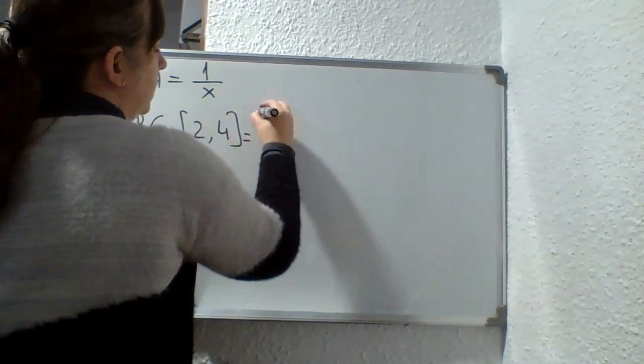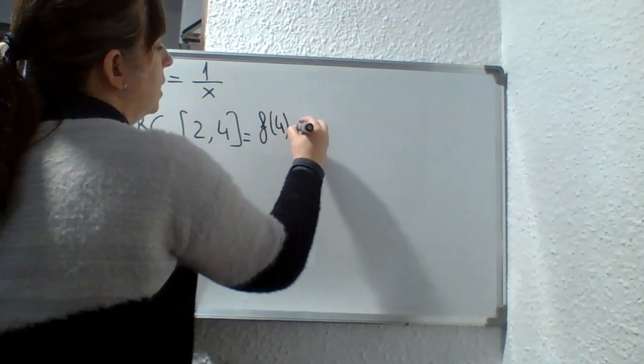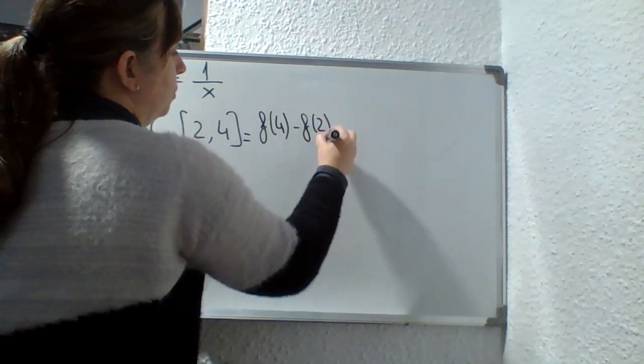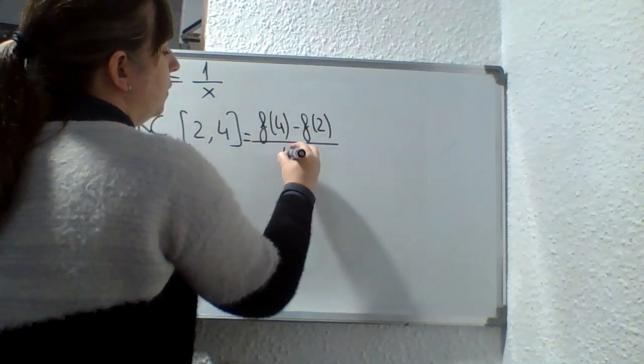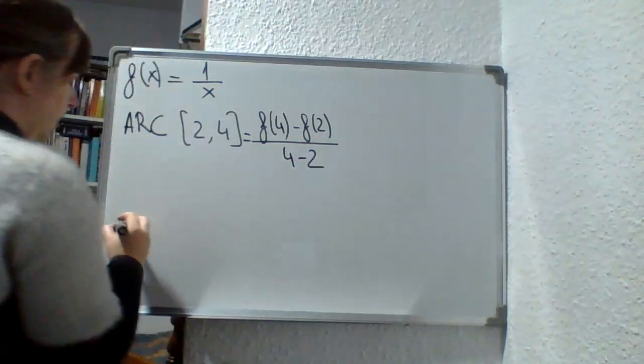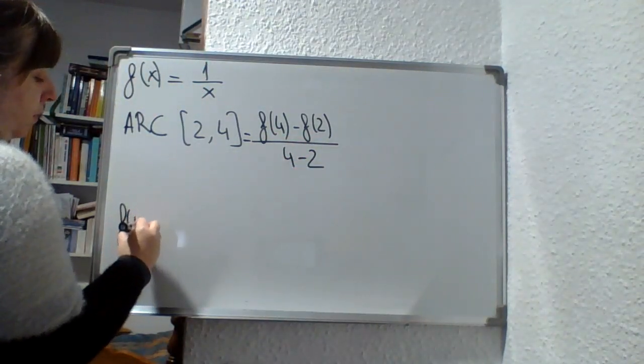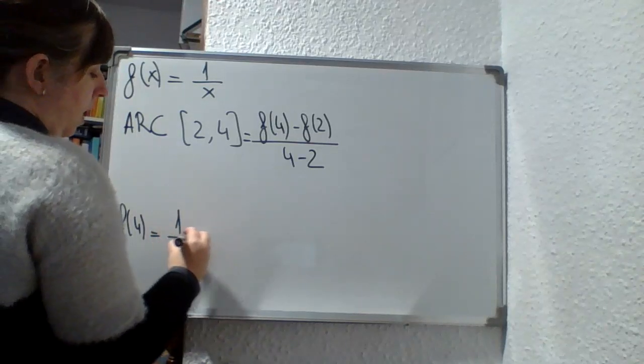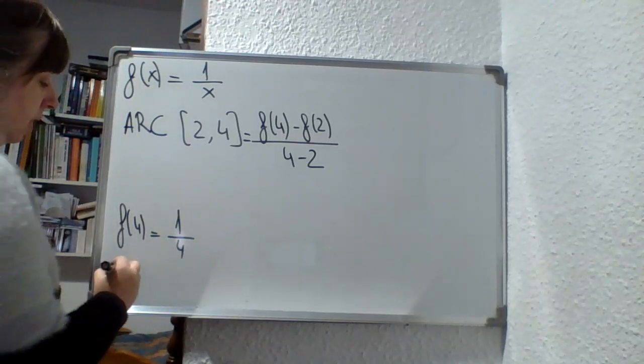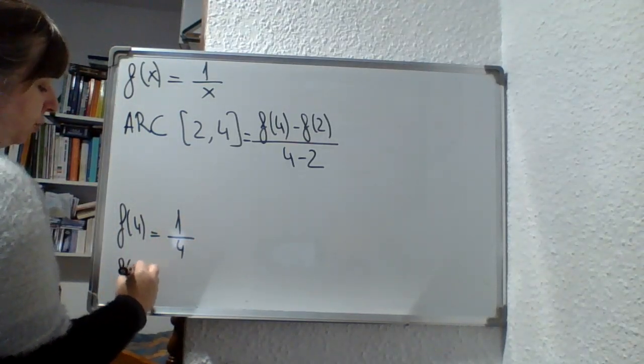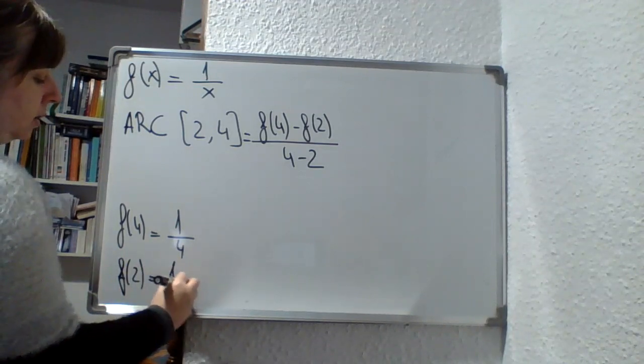It is the value of the function in 4 minus the value of the function in 2 divided by 4 minus 2. The value of the function in 4, it is 1 divided by 4. The value of the function in 2, it is 1 divided by 2.